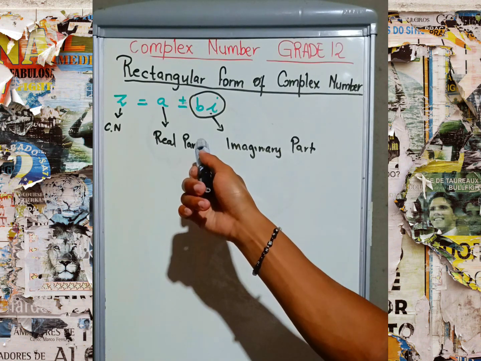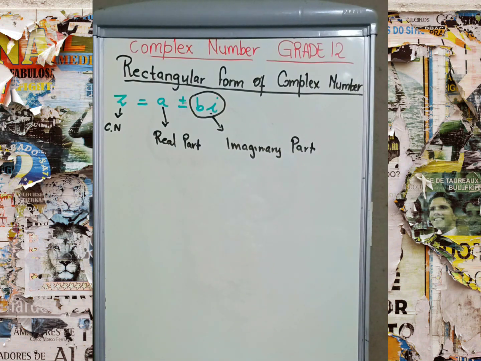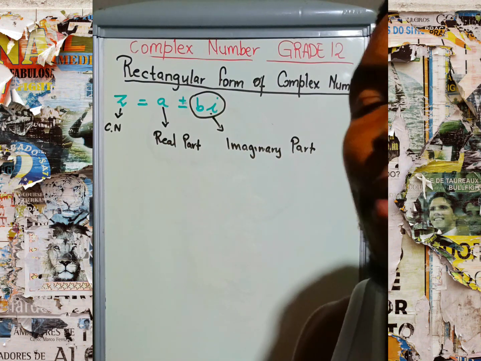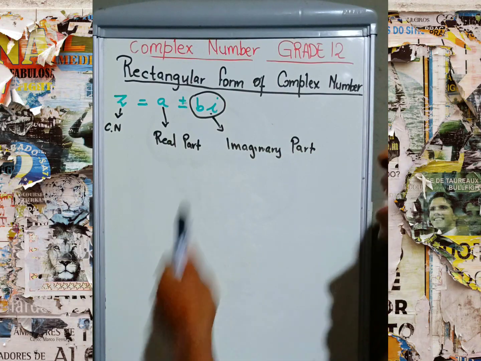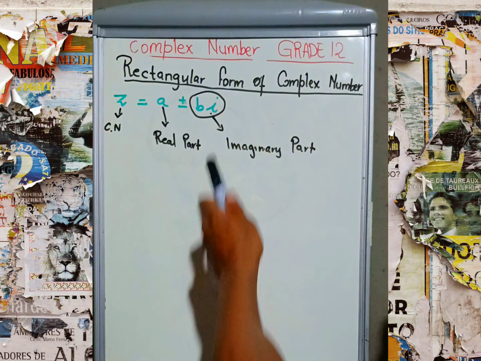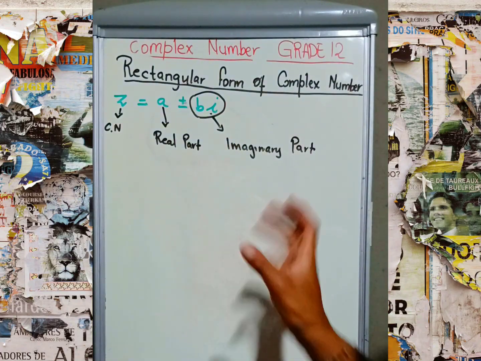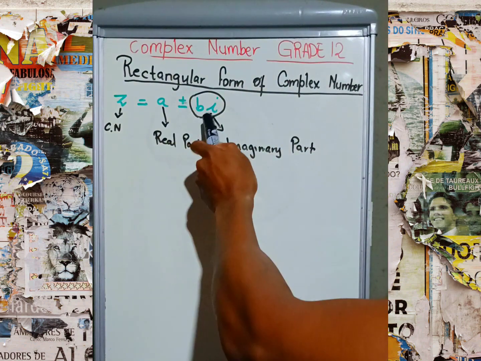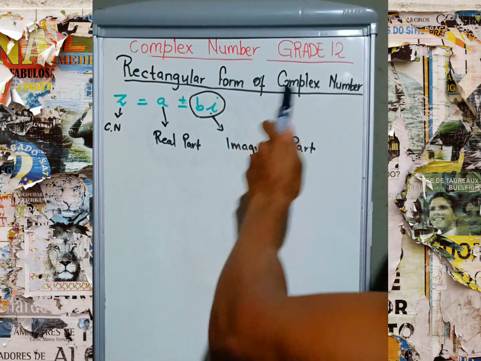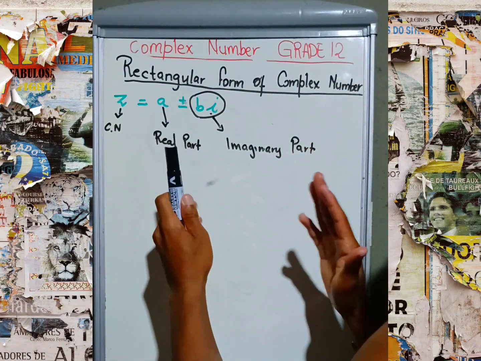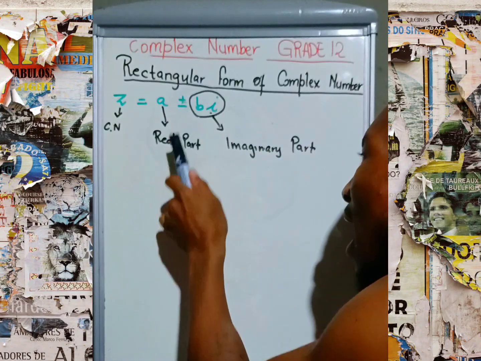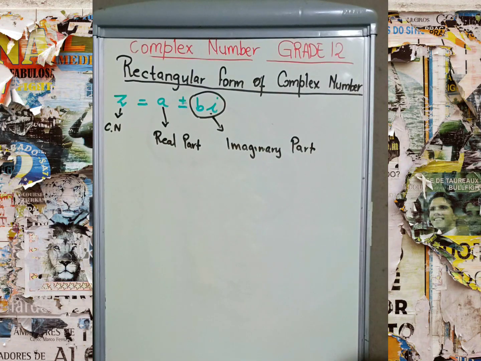Now this is the definition in the form of an equation. The real part a is any number, b is any number, but i is the imaginary number, and that's why we call this the imaginary part.